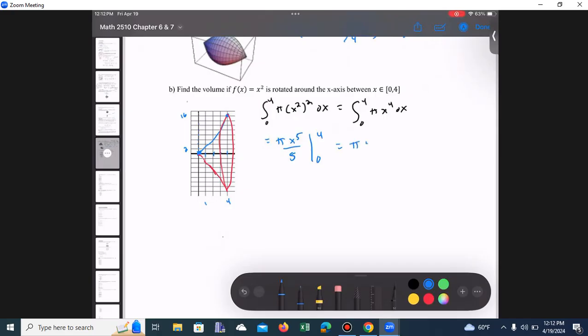We get pi 4 to the 5th over 5. 4 to the 5th is 1024. So 1024 over 5 pi is going to be 204.8 pi, which is 643.4.